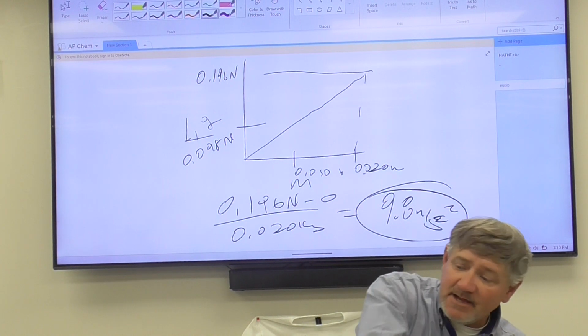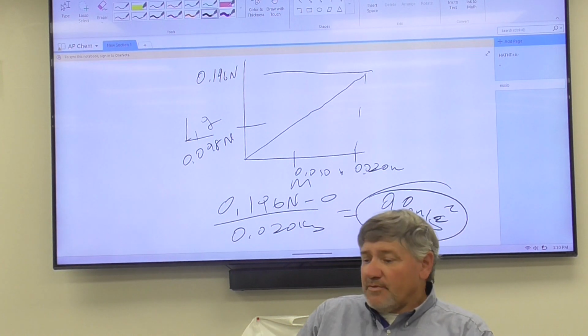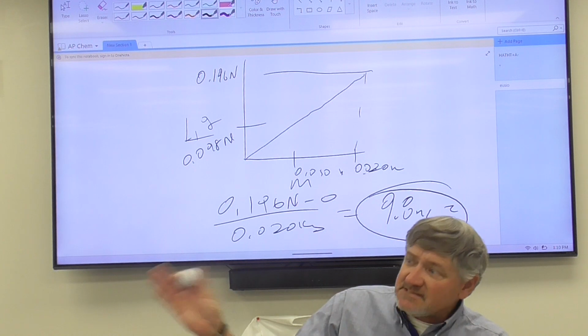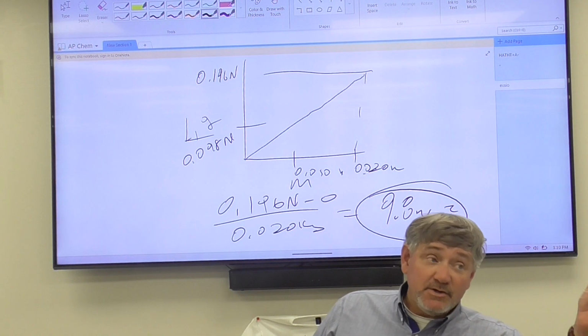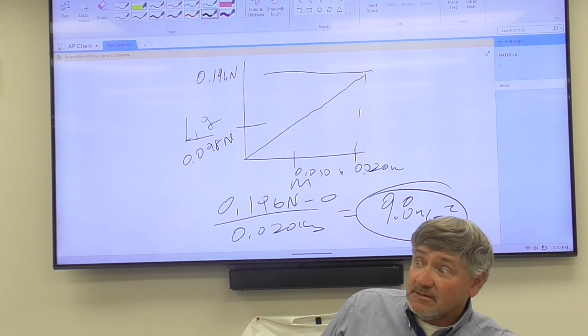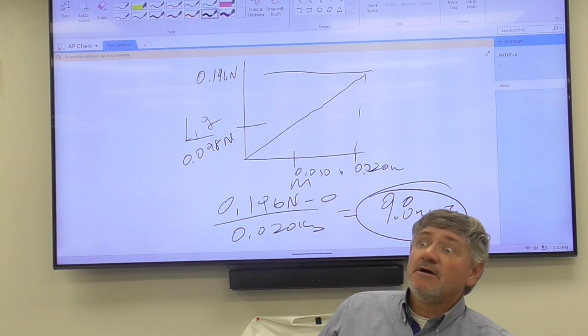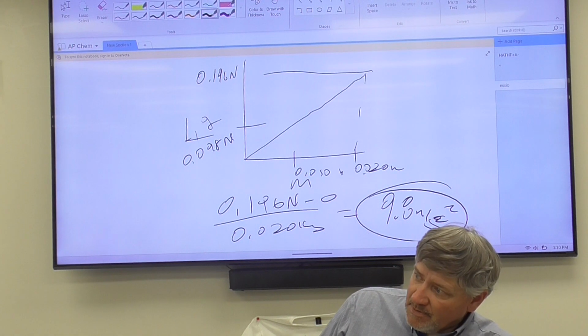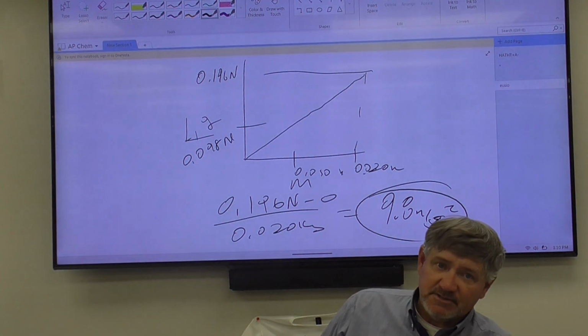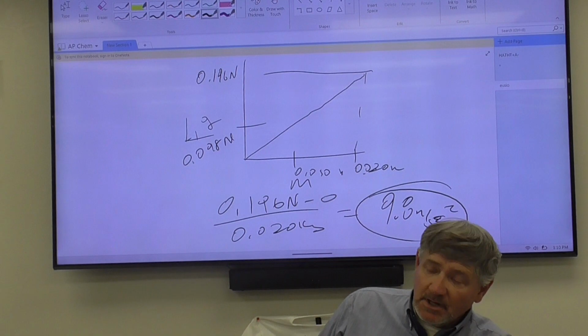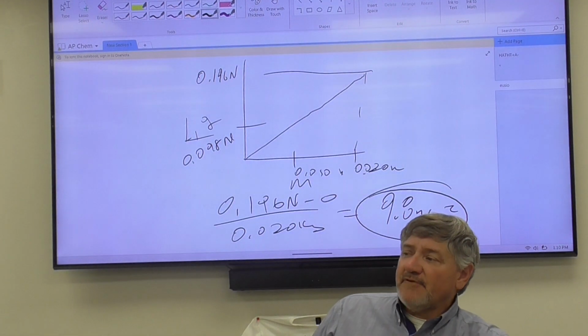I drop Hank, I drop Gary. The forces acting on them are vastly different. But do we end up with the same acceleration? Yes, because the force is proportional to mass, which is proportional to and creates the same acceleration. So do not tell me, oh, gravity is the same for everything.